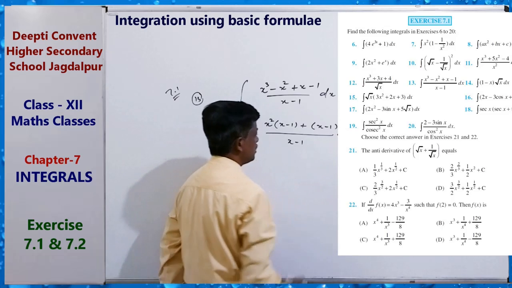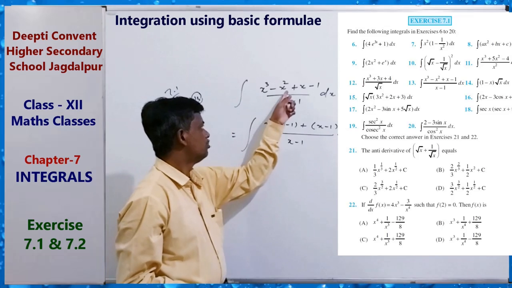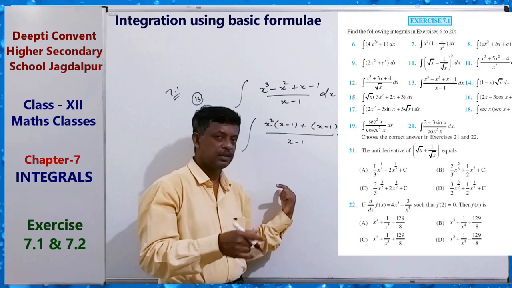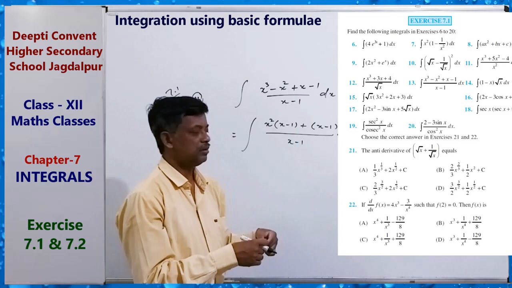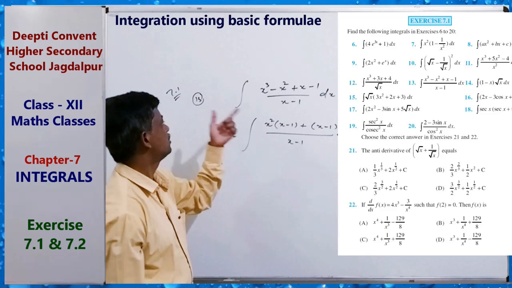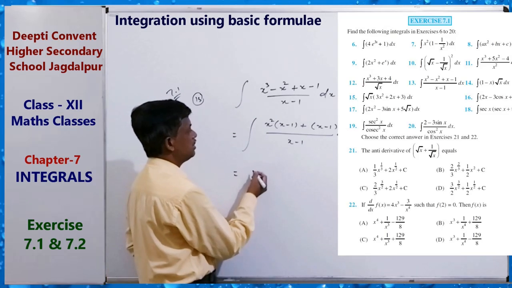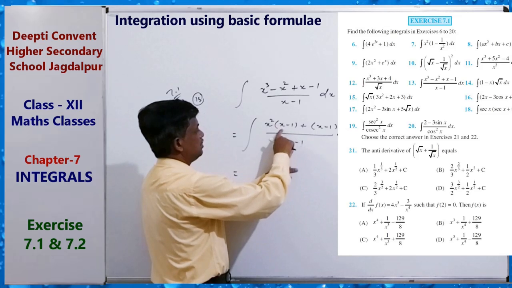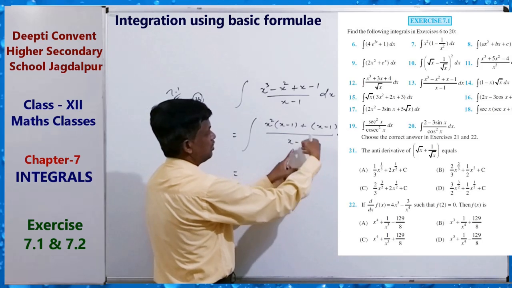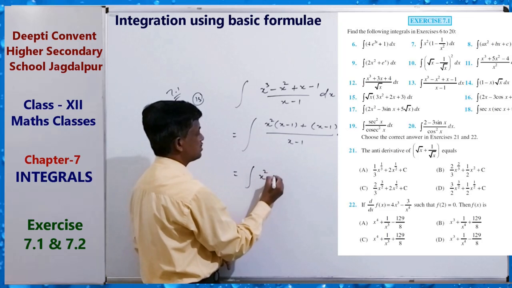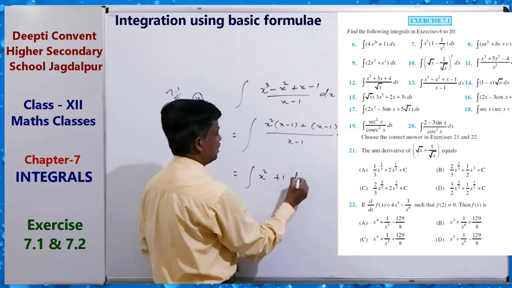We are trying to reduce the integrand in such a way that the integration of that function can be found by the basic formula. If we distribute x minus 1 in this part and in this part, there will be 1, and x square. So here we get x square plus 1 dx.